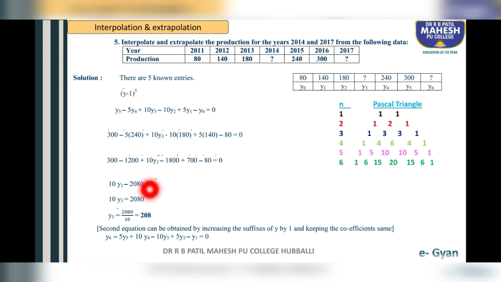Students, using this second equation, we have to find the missing value of y6. Write the equation and substitute the y values. y6 minus 5 into y5 is 300, plus 10 into y4 is 240, minus 10 into y3 is 208, plus 5 into y2 is 180, minus y1 is 140.